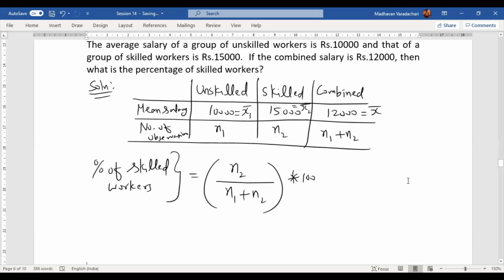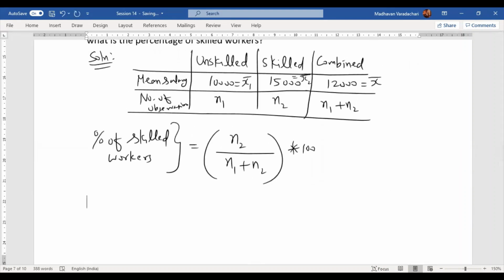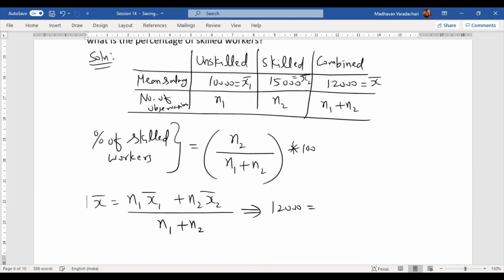Now, what is the formula for combined arithmetic mean? We know x bar is equal to (n1 x1 bar plus n2 x2 bar) divided by (n1 plus n2). So I can rewrite this as 12,000 is equal to, where x1 bar is 10,000 times n1 plus x2 bar is 15,000 times n2, divided by n1 plus n2.